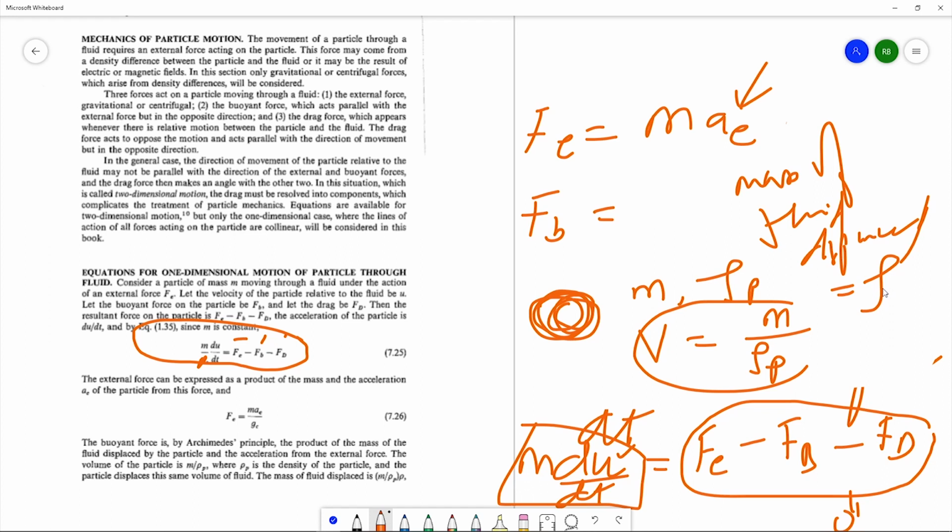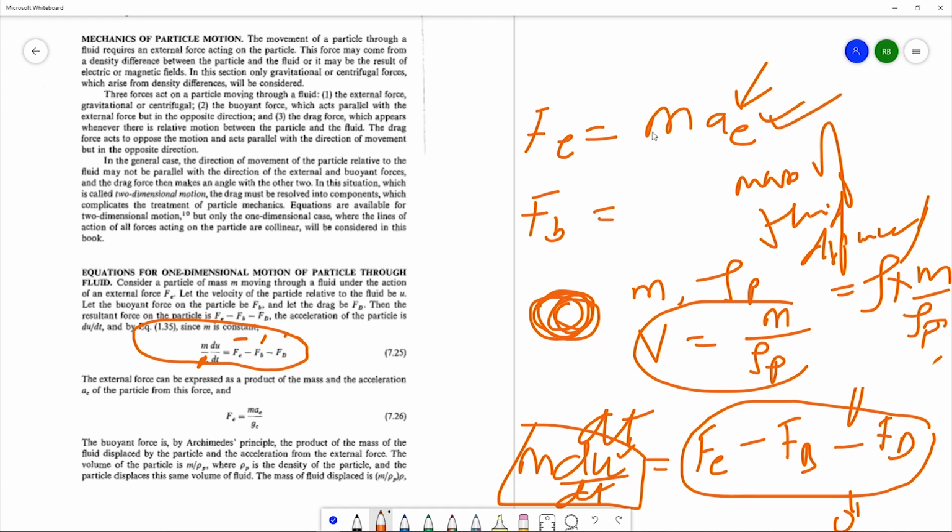Let's write rho is the density of the fluid, not particle. Density of the fluid into the volume, right? What is the volume? Volume is just calculated, m by rho p, right? So this is the mass of the fluid displaced. This mass of the fluid will exert force, right? So what will be the acceleration? A_E, right?